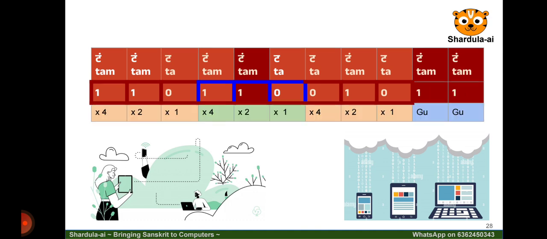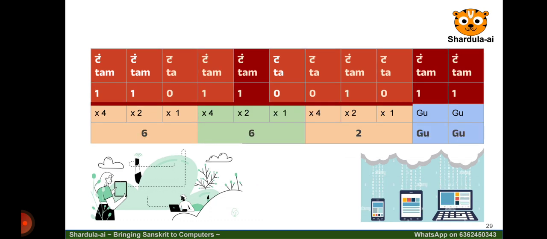We have introduced binary mathematics into this, where we multiply the first digit by 4, the second digit by 2, and the third digit by 1, and then we have these binary numbers, and we see that it forms a pattern called 6, 6, 2, Guru Guru. Such a pattern is applicable to several poems whose name is Indravajra.